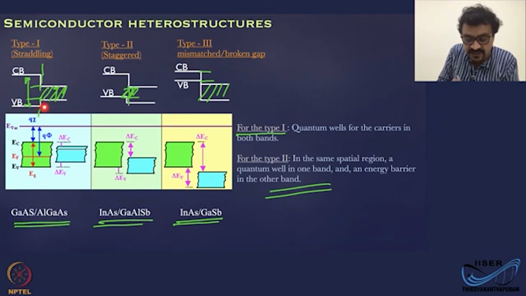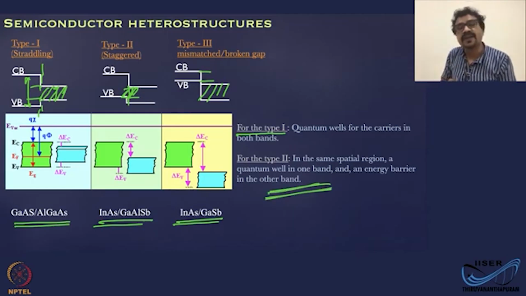In both cases, for a hole, this is the lower energy region, and for an electron, this is a lower energy region. So you have a well in the lower energy region for both holes and electrons. But in this type 2, what we are saying here is there is a well for one type of carrier, but there is a barrier for the other type of carrier.